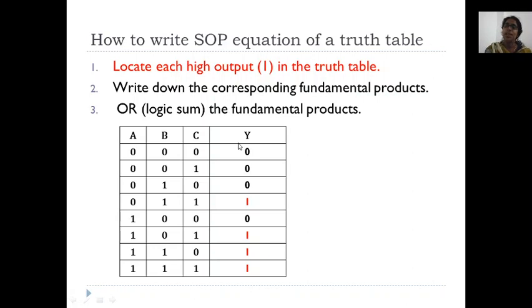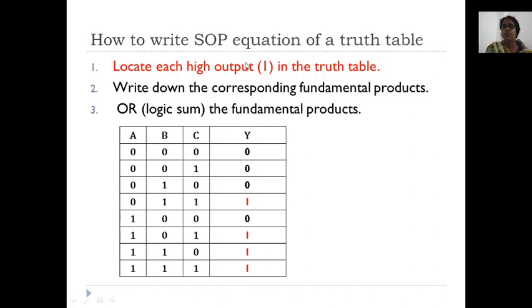Truth table is a table which gives you conditions of input and output of a digital circuit. It is a table that gives you information regarding various input conditions and the corresponding outputs of a digital circuit. That is truth table.